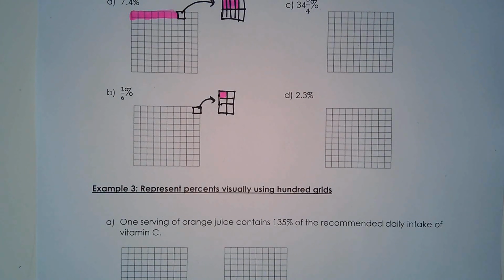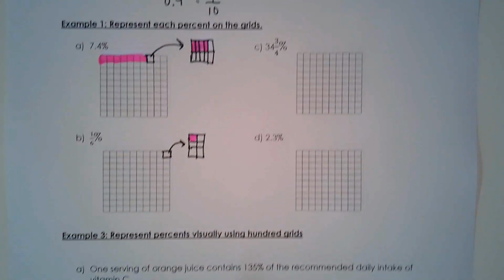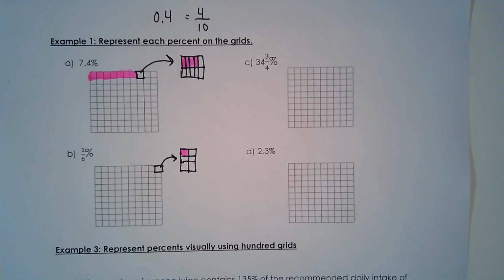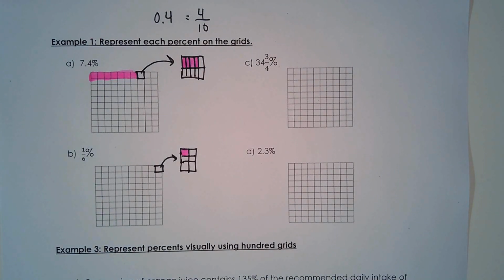Okay. In question C, 34 3/4 of a percent. This is a fractional percent as well, where we need to shade in 34 squares on the grid.